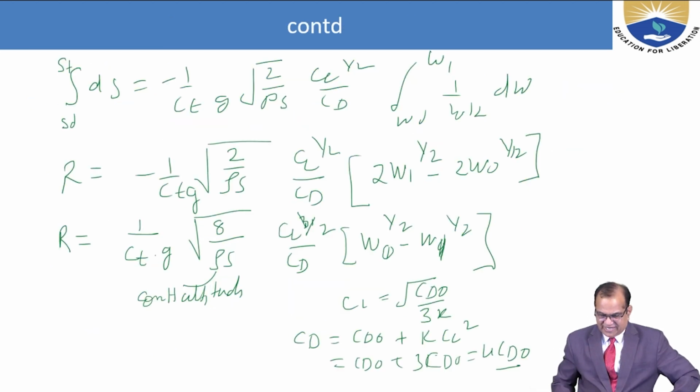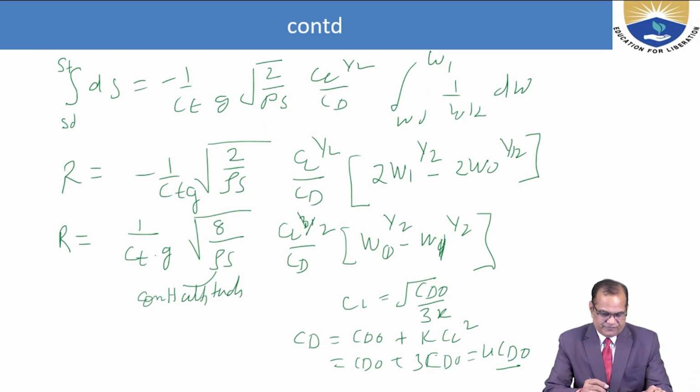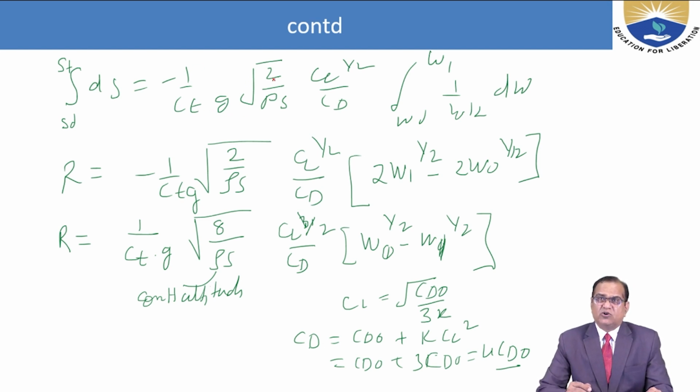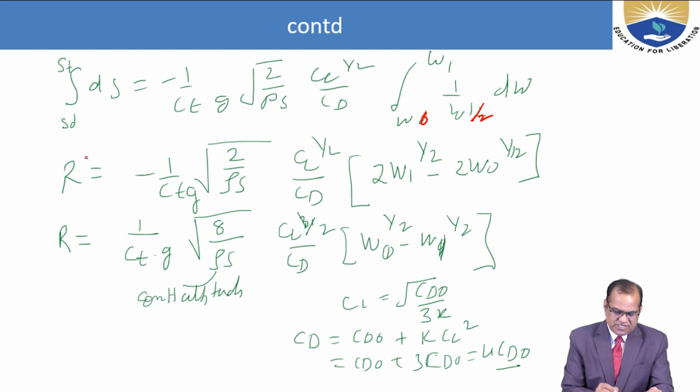Now we have to integrate this equation from S0 to S1. ds is equal to minus 1 by CT G under root 2 by rho S, Cl to the power 1 by 2 by Cd, from W0 to W1, 1 by W to the power 1 by 2 into dW. So this is the range, we can write it as R.